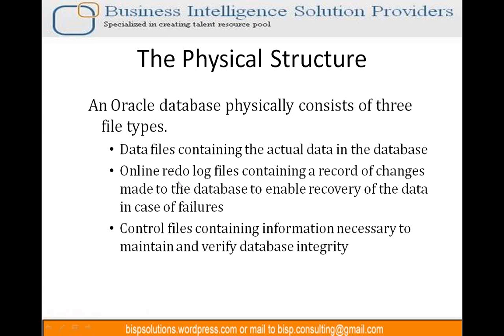Remember, these online redo log files are a kind of backup feature which Oracle gives us by default. They contain the record of changes made to the database, which of course helps in recovery of the data in case of failures. And control files contain information about the data files and the log files. Control files are one of the first files to be opened and read.